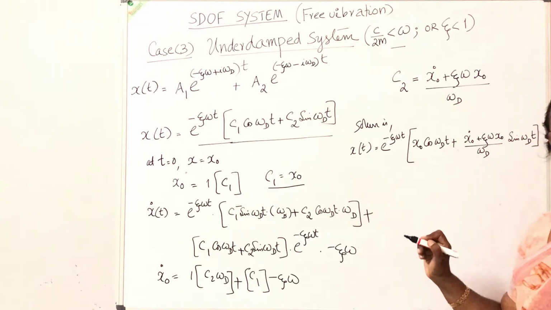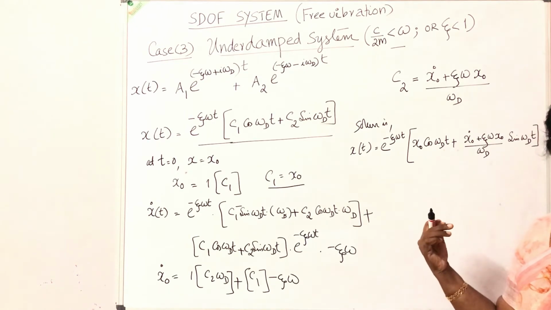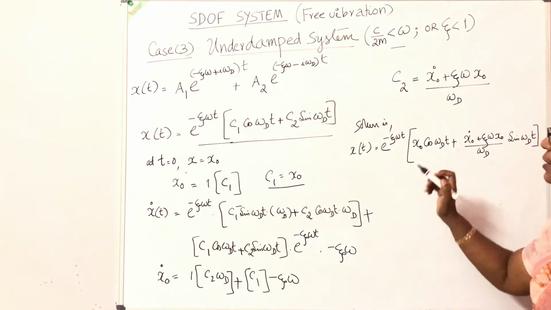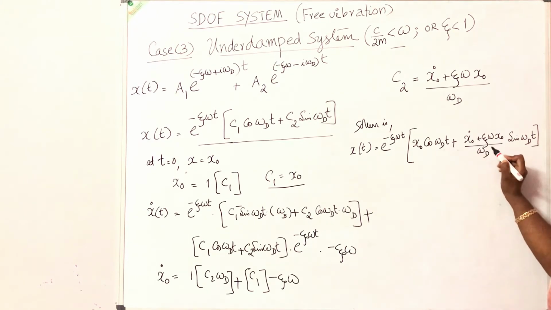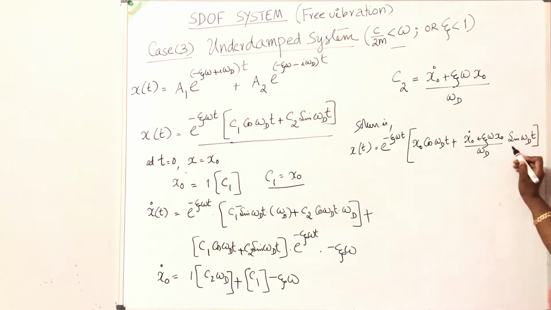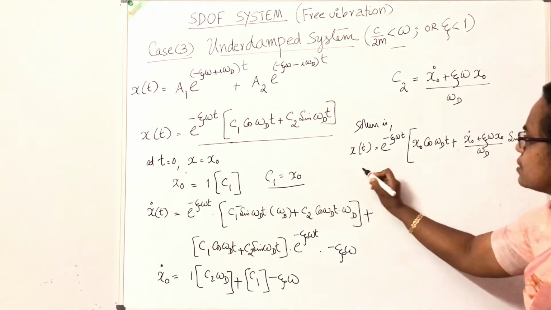When there was no damping, it was x is equal to x0 cos ωt plus x0 dot by ω sin ωt. Here it is x0 cos ωdt plus (x0 dot plus ξω x0) by ωd into sin ωdt. So what about this expression?